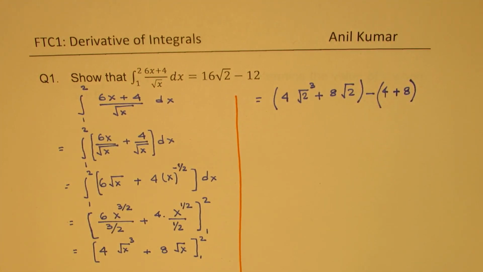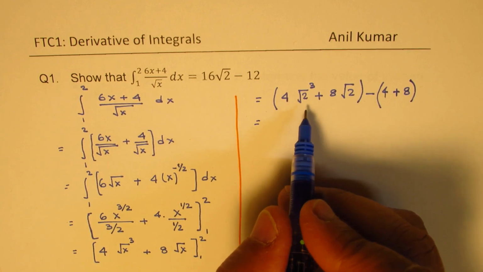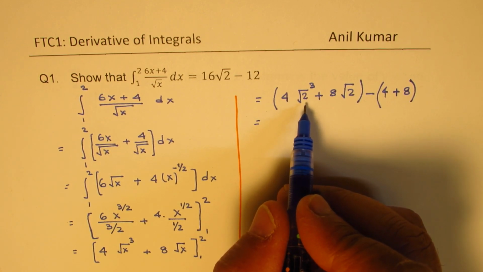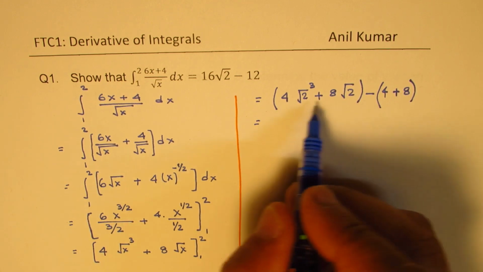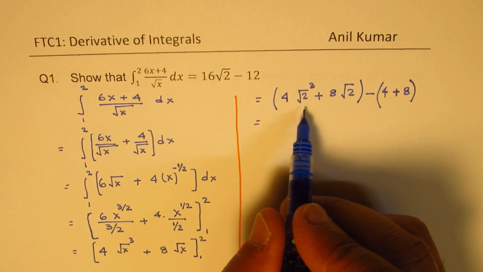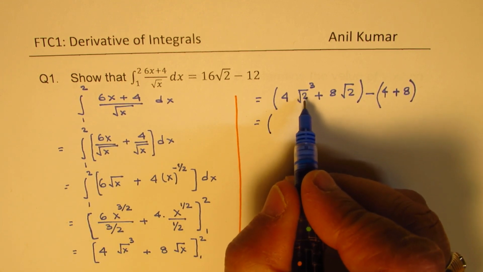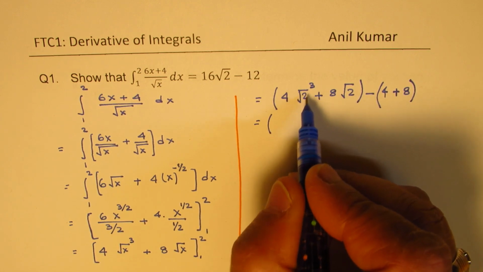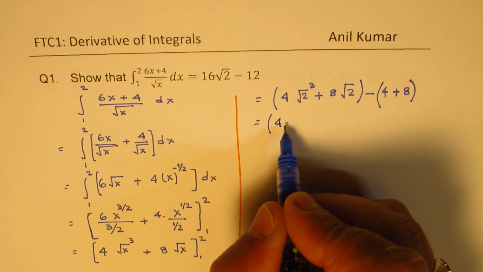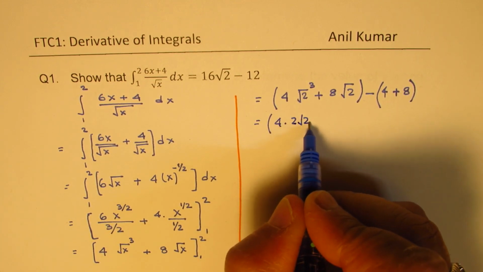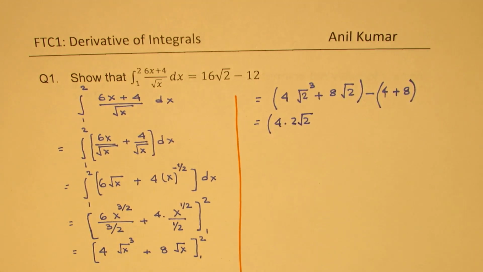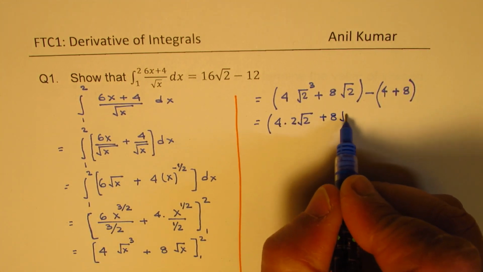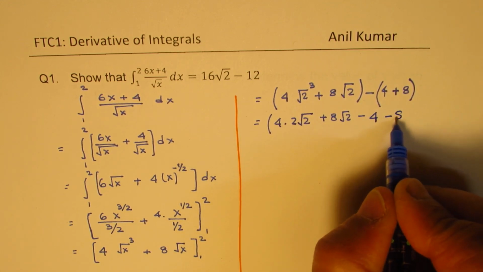Now we have square root of 2 cube, which could be written as 2 square root 2, so 4 times 2 square root 2, that is 8 square root 2, plus 8 square root 2, minus 4 minus 8.